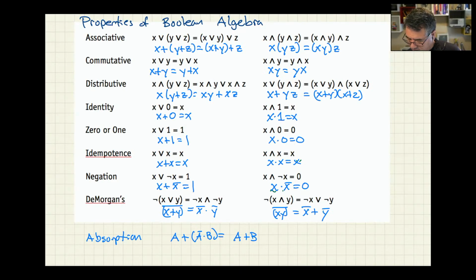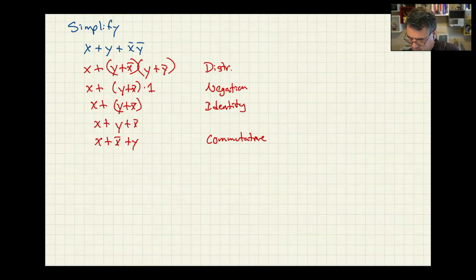If we look back at our properties here, x plus not x is this one right here. And as usual, I forgot to note which property that was, but I think that's negation. Yeah, it is. Okay. All right, so I end up with 1 plus y.